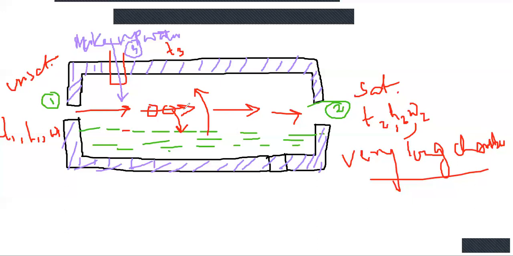Okay, because the latent heat is taken from the air stream, the temperature will automatically go lower. Okay, if the chamber is sufficiently long, and the temperature is gradually decreasing, after some time it will reach the saturation state.